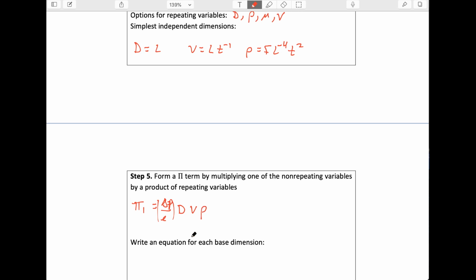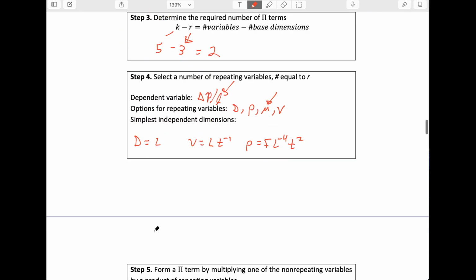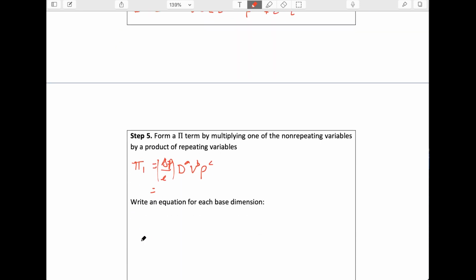And we want to give those their own exponents. So let's just call this A, B, and C. And now we're going to sub in the dimensions of all of these things. That's what we worked on up here in step 2. So delta P over L looked like FL to the minus 3.